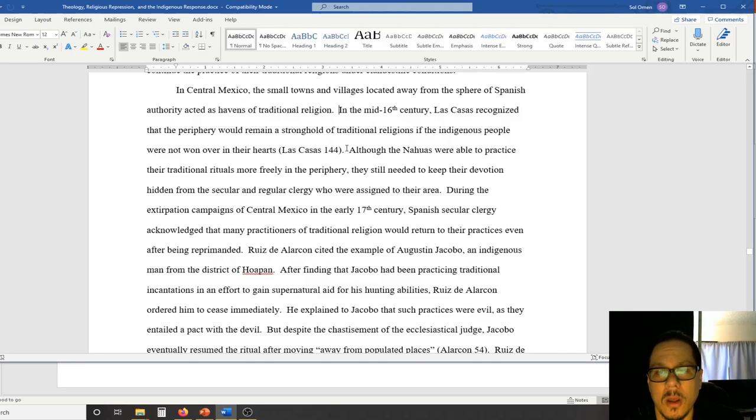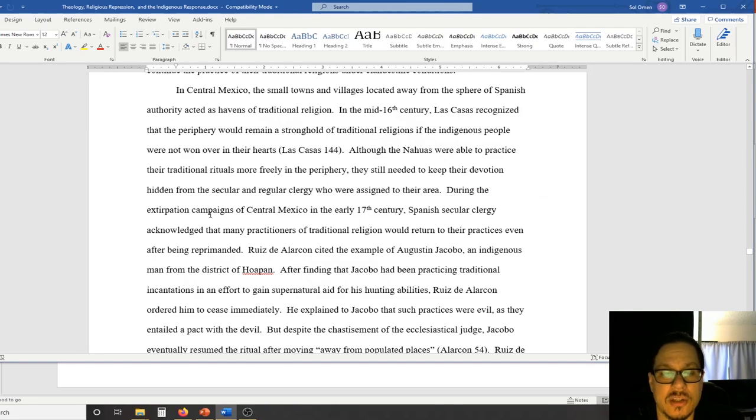Let's go on. "Although the Nahuas were able to practice their traditional rituals more freely in the periphery, they still needed to keep their devotion hidden from the secular and regular clergy who were assigned to their area.